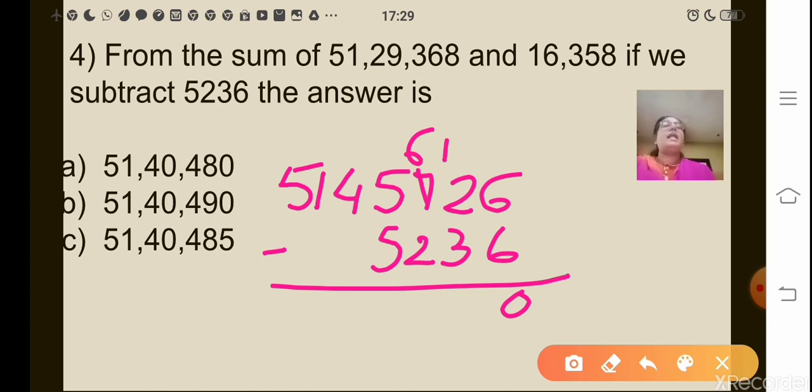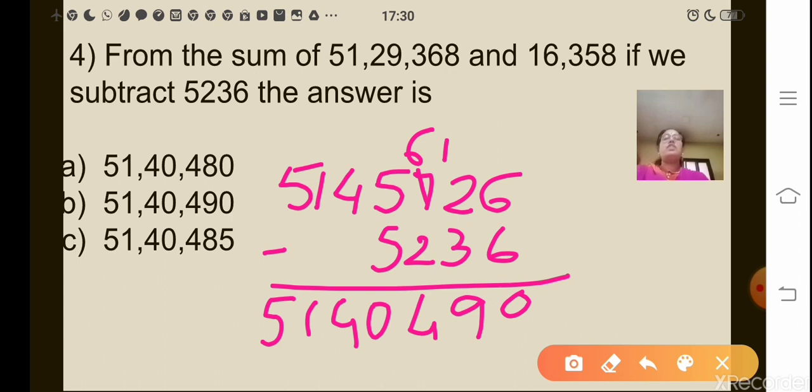Now 12 minus 3 is 9. 6 minus 2 is 4. 5 minus 5 is 0. This 4 will remain as it is. No number is there. 1 also. And then 5. So which is your correct option, children?